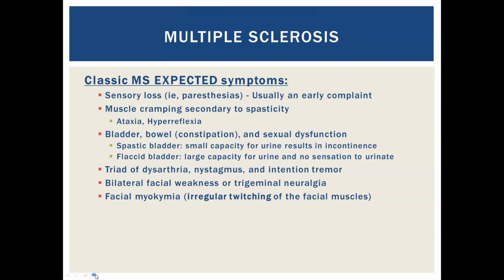We can have issues swallowing, rapid eye movements, and something called an intention tremor, which is going to mimic the signs and symptoms of what you would see in Parkinson's, except here that tremor is going to happen with voluntary movements. So while I'm at rest, no tremor, and then when I'm moving, I'm going to have that intention tremor.